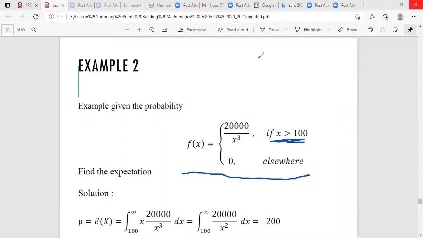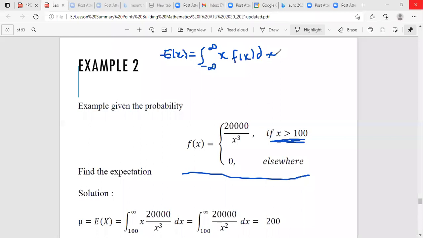Then again, expectation, we know from the formulas you wrote, the expectation is given by the formula: mu of x is the integral from negative infinity to infinity of x times f of x dx.